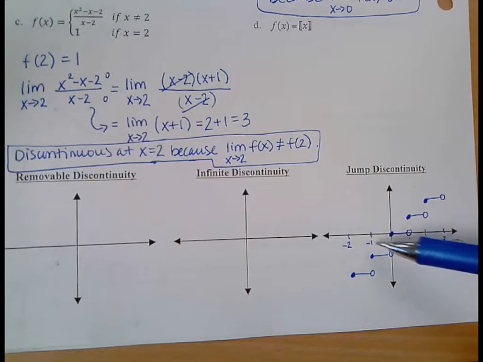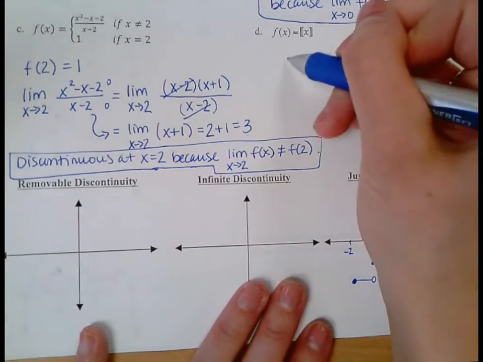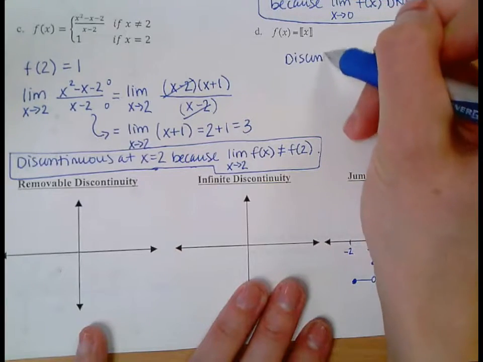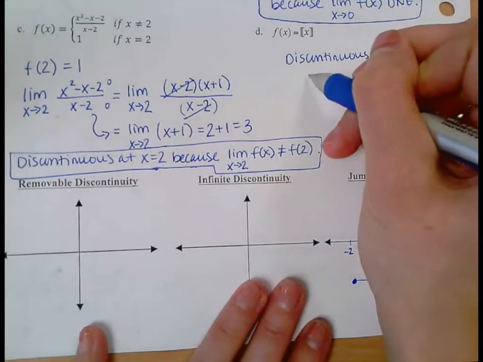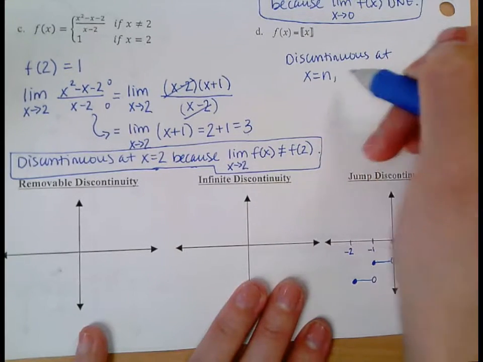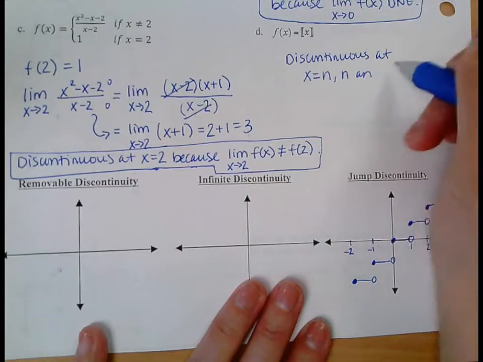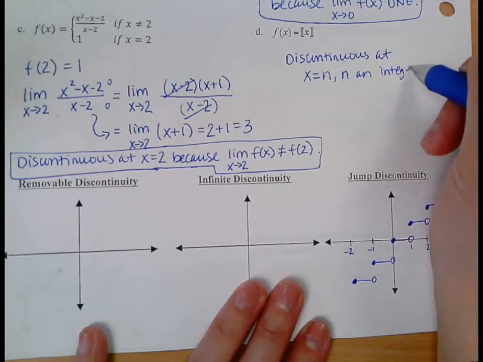I know I didn't draw the other part. You can see at -1, it's discontinuous. So this is discontinuous at x equals n, an integer.